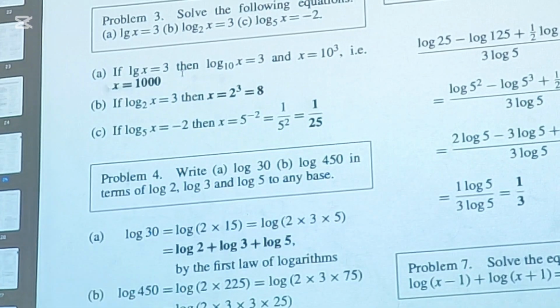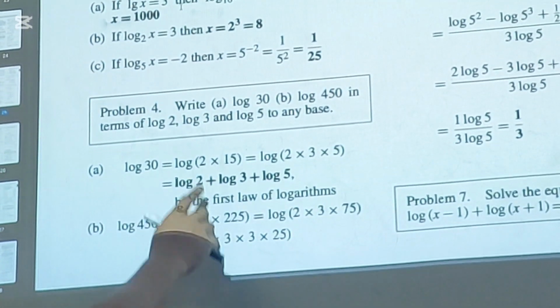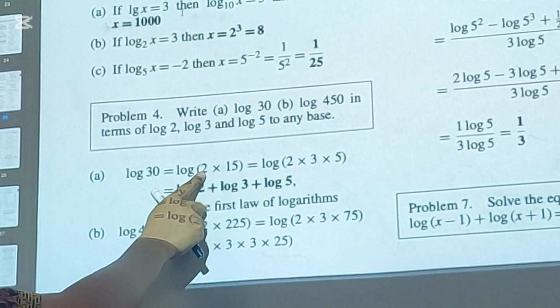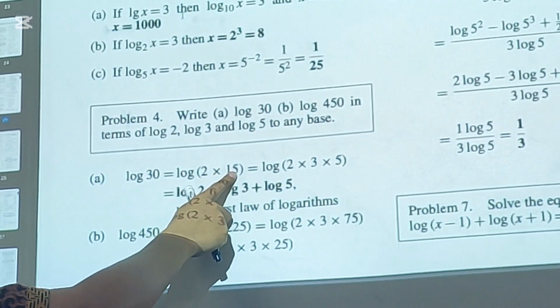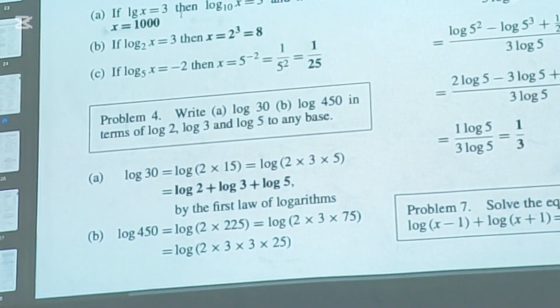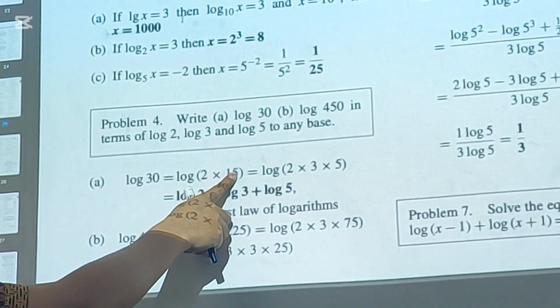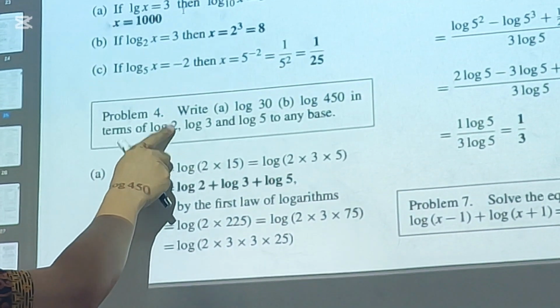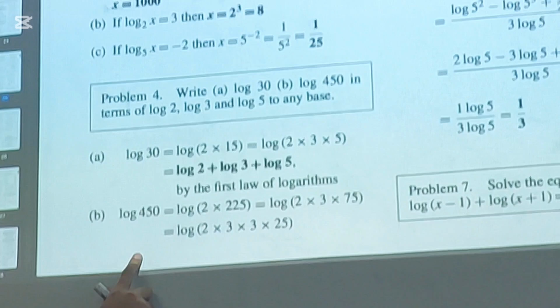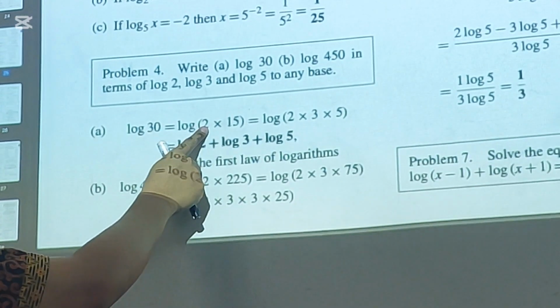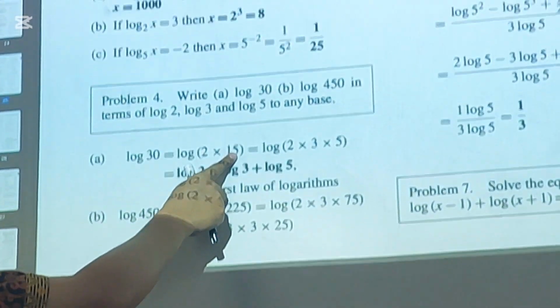Log 30 we can get from the multiplication of 2 multiplied by 15. Because this is still 15, but we can only use 2, 3 and 5. 2 is okay, but 15 is not yet finished.